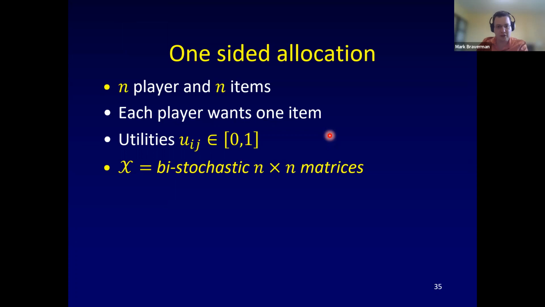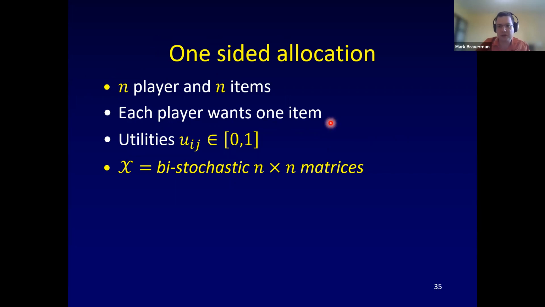The one-sided allocation setting is the one setting where there is an interesting theorem that already follows, and I should emphasize that I didn't expect this theorem. I expected to reproduce all the known results, but it's interesting that just plugging it into a framework gives something new. The one-sided allocation problem is the following: there are n players and n items, and each player wants exactly one item.